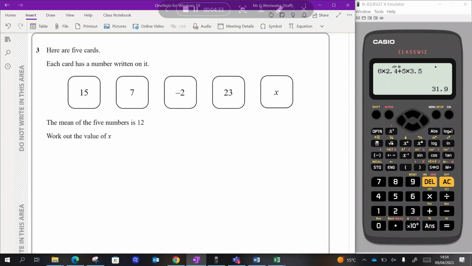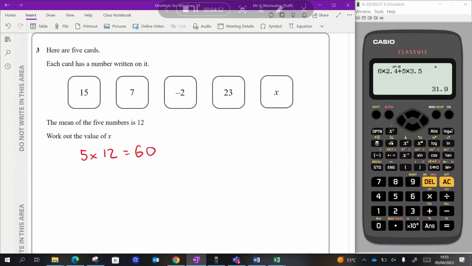Here are 5 cards. The mean of these 5 cards is 12. Work out the value of x. If the mean of these 5 numbers is 12, then the total is going to be 5 times 12, so the total of these cards should be 60.